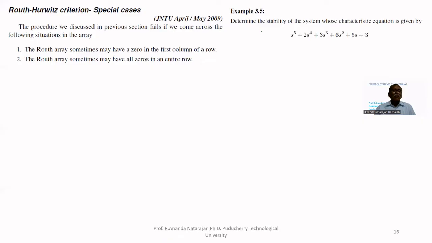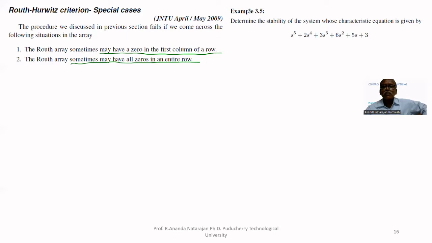That is the first difficulty: we may have a 0 in the first column of a row. Second difficulty, sometimes all elements in the entire row may become 0. That is also possible, and then also it is not possible to proceed further. Let us see one by one.